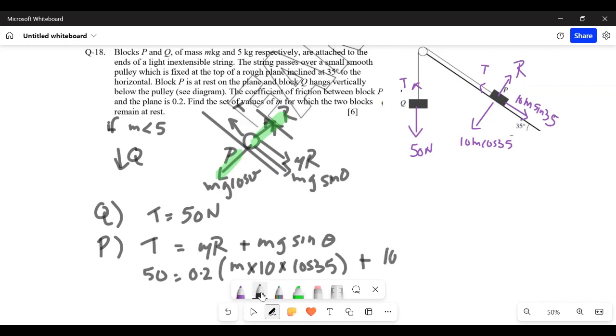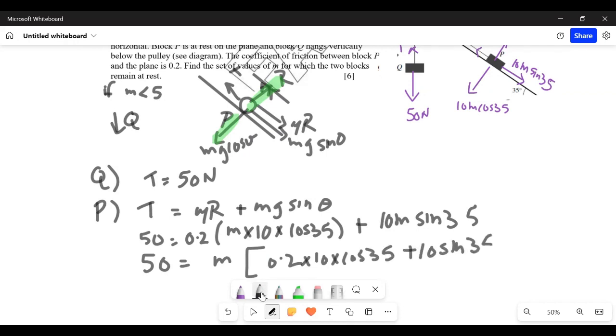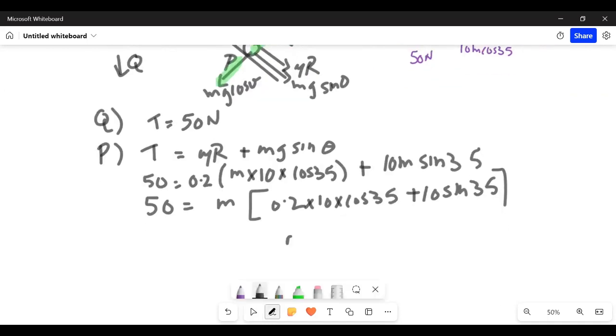Plus 10m sin 35. Now take m common on the right hand side and divide the rest by 50. So I'm going to take m common. So I have 0.2 into 10 into cos 35 plus 10 sin 35. Now take the bracket to the other side and it gets divided by 50.